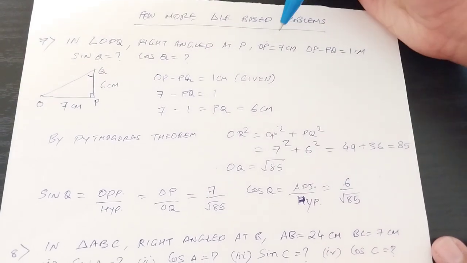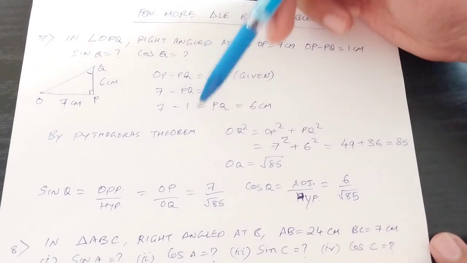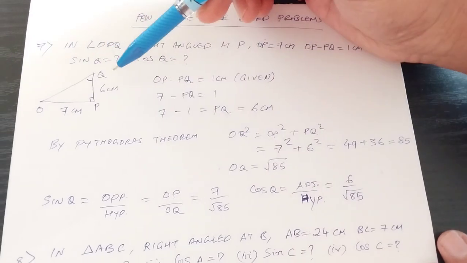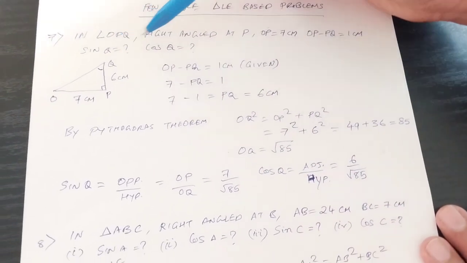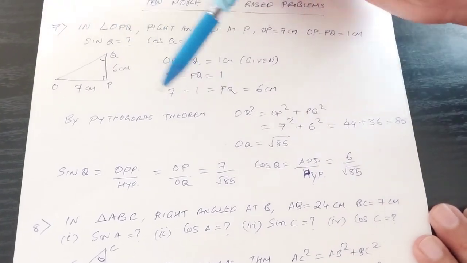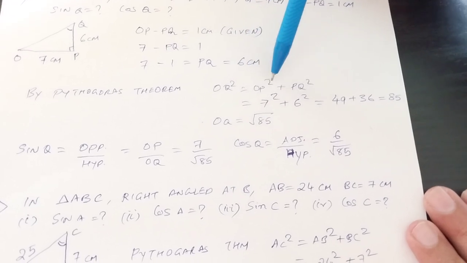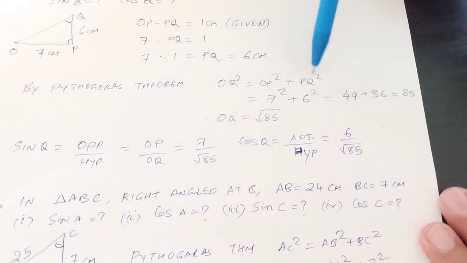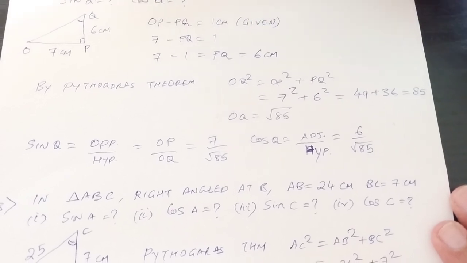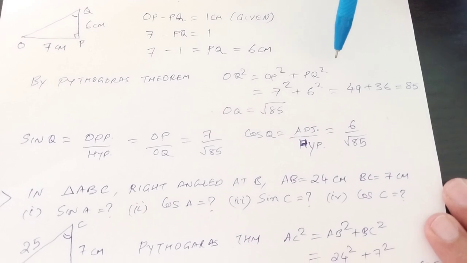So we know what is OP, we know what is PQ by these steps, and we want to know what is OQ now, because we want to calculate sine and cos. To do that, we use the Pythagoras theorem: hypotenuse squared is equal to the sum of squares of the two sides. So OQ squared is equal to OP squared plus PQ squared.